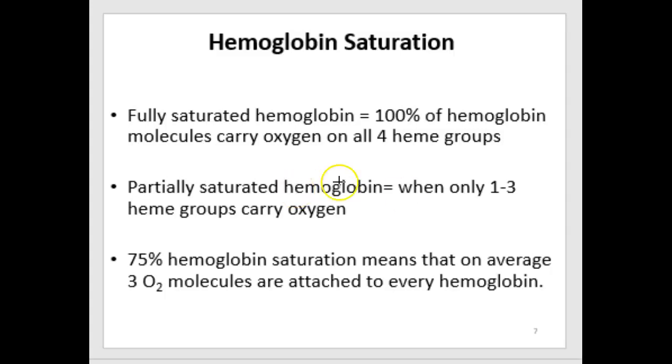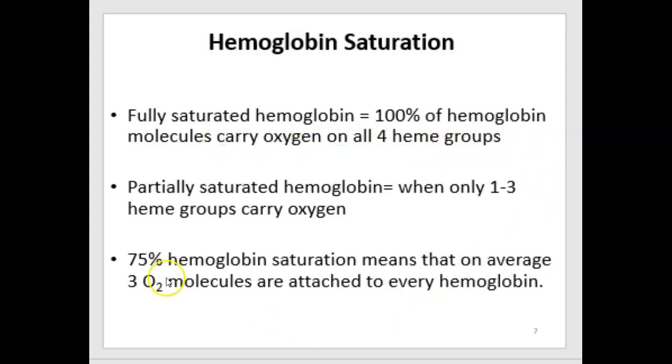So, fully saturated hemoglobin, I guess, is reported mathematically as 100% saturated hemoglobin. It means that 100% of the hemoglobin molecules in your blood, or in your red blood cells in your blood, carry oxygen on all 4 heme groups.